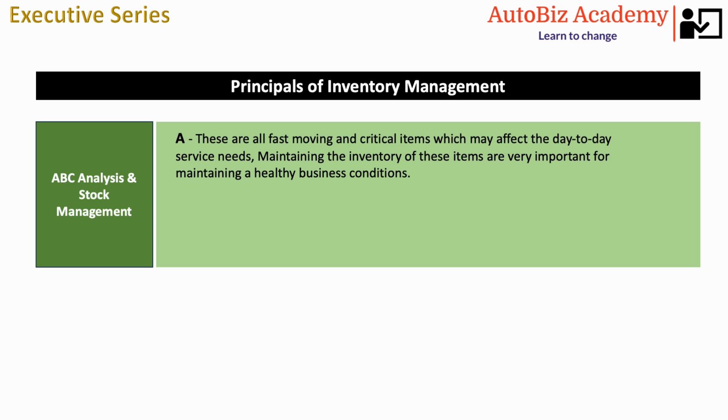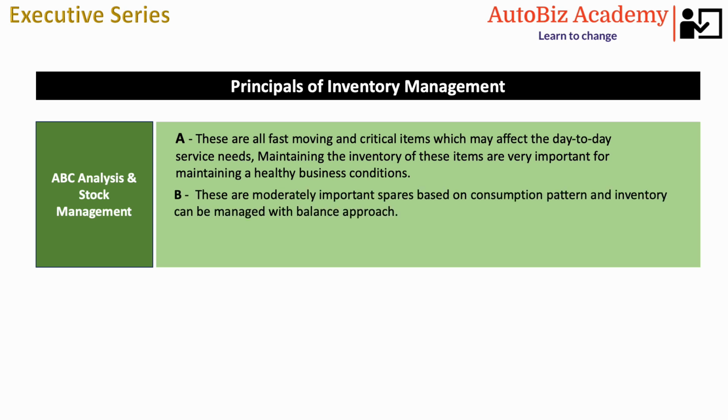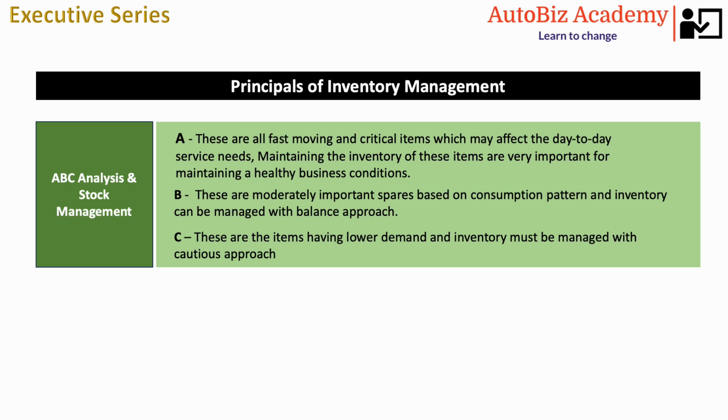Maintaining the inventory of these items is very important for maintaining healthy business conditions. Then comes category B. These are moderately important spares based on consumption pattern, and inventory can be managed with a balanced approach. The last is C. These are the items having lower demand and inventory must be managed with a cautious approach.